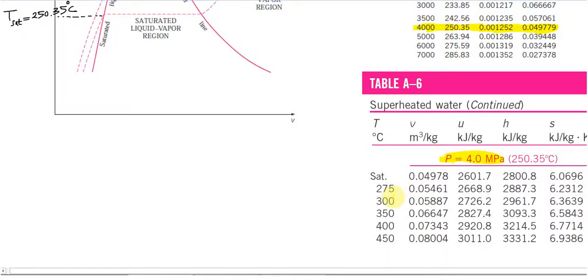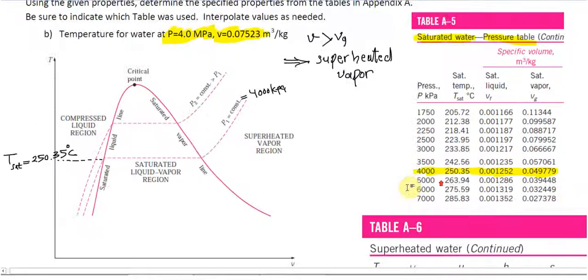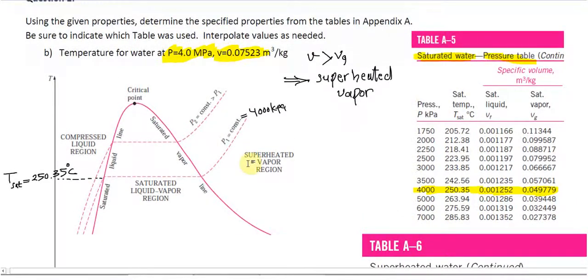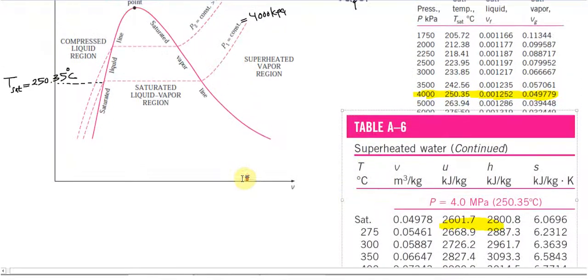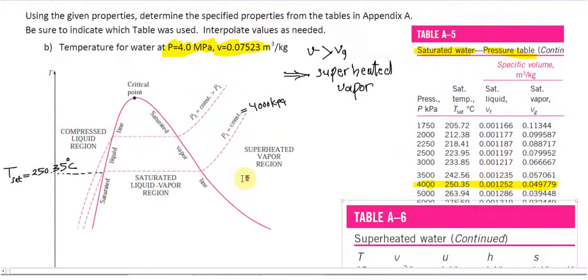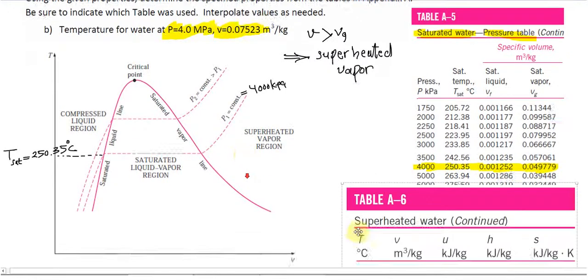So in this case, we have specific volume 0.07523.